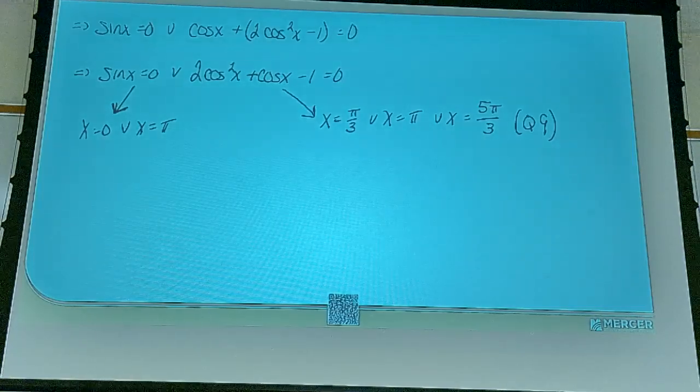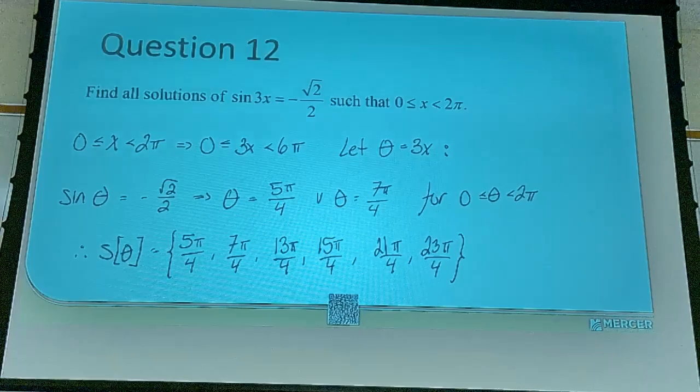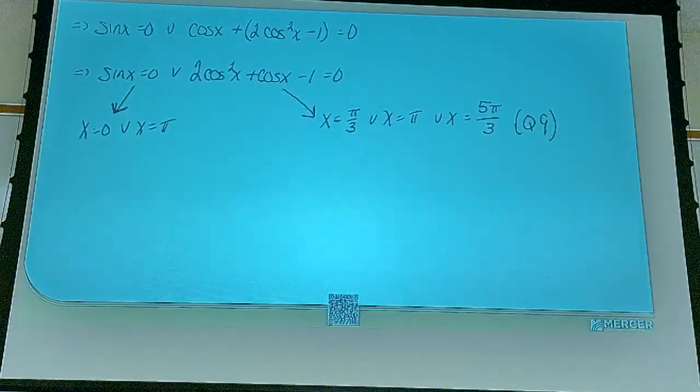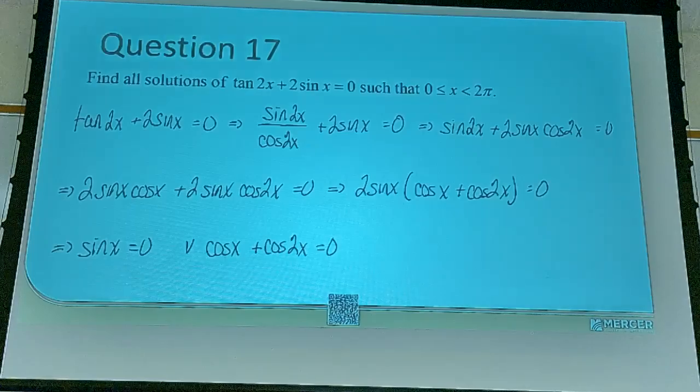And we only did one thing that was fancy. We multiplied through by cosine of 2x, right? Which means cosine of 2x can't be 0.